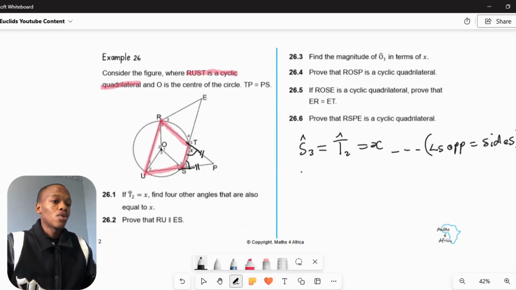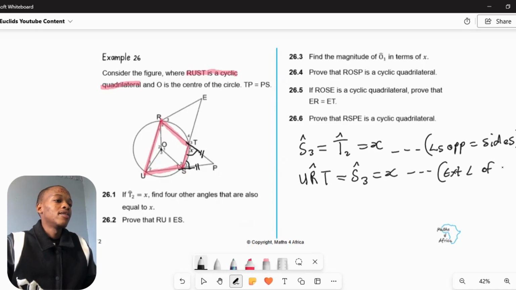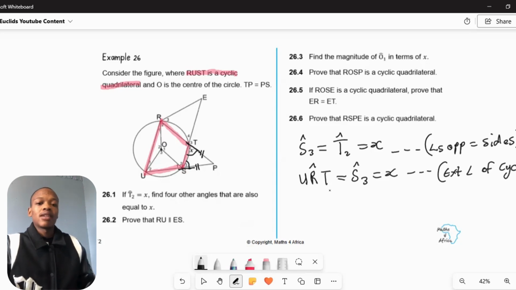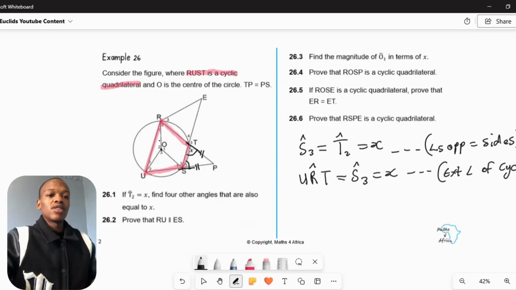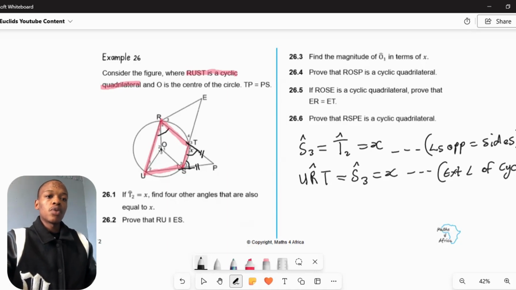So angle URT is equal to angle S3 and they are equal to X. How come? Exterior angle of cyclic quad. You know the story. So this one is equal to X now.